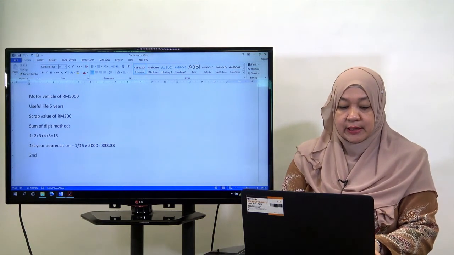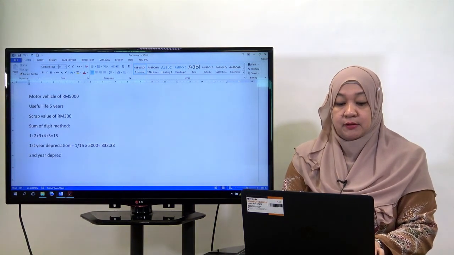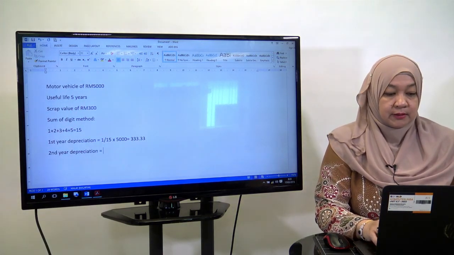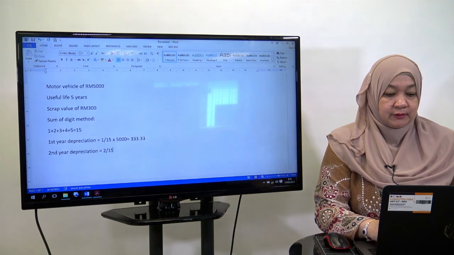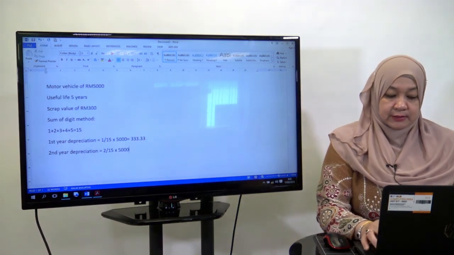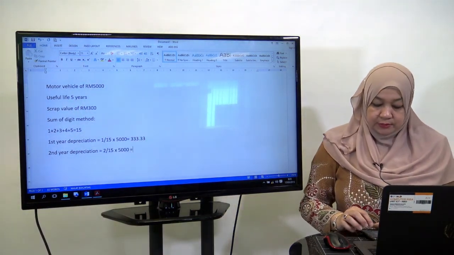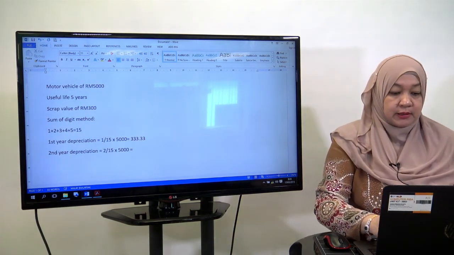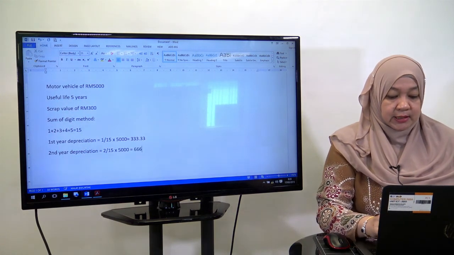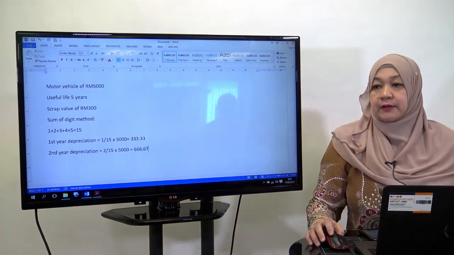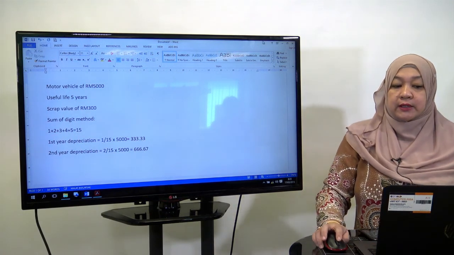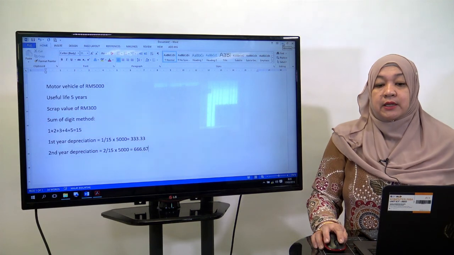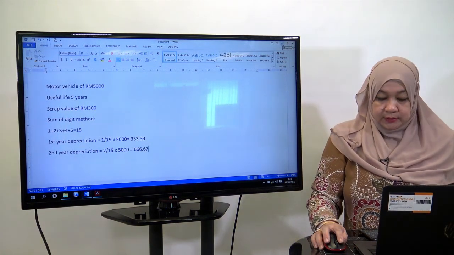If you go to the second year, the depreciation will be 2 over 15 times the cost of the asset, that is 5,000. For the second year, your depreciation charge is 667. Alright, so this is how you calculate your depreciation amount if you are using the sum of digits method.